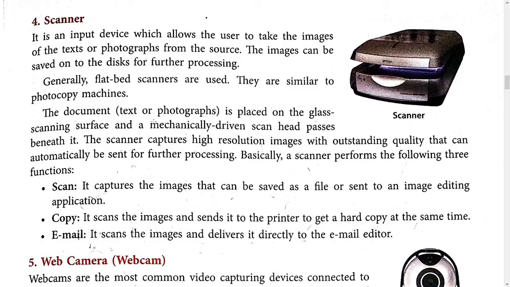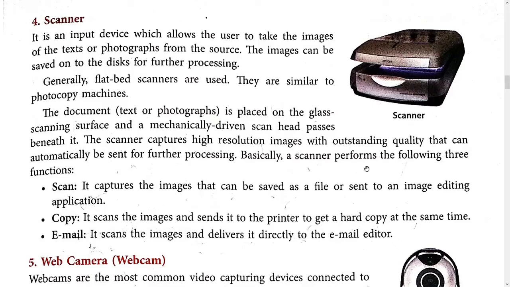The document, that means text or photographs, is placed on the glass scanning surface and a mechanically driven scan head passes beneath it. Then the scanner captures high resolution images with outstanding quality that can automatically be sent for further processing.